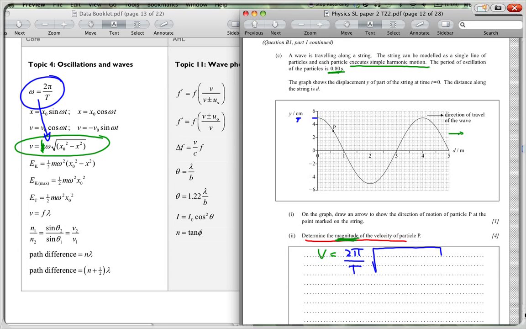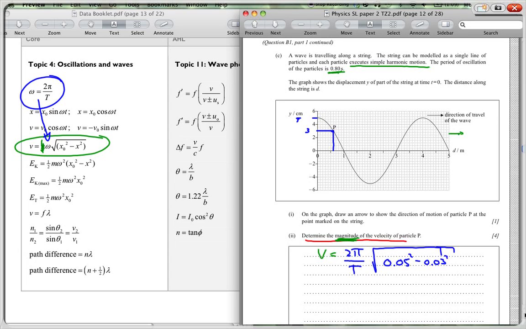So let's put that into meters. So it's going to be 0.05 squared. And then I'm going to subtract the actual x that I am at at that point. So if I put that in there, that's 3, so it's going to be minus 0.03 squared.